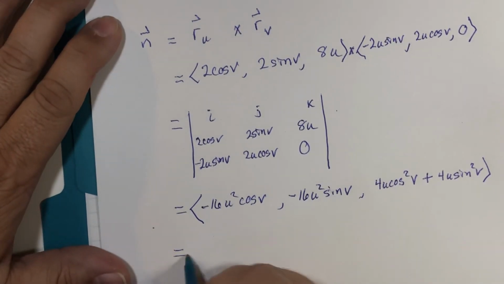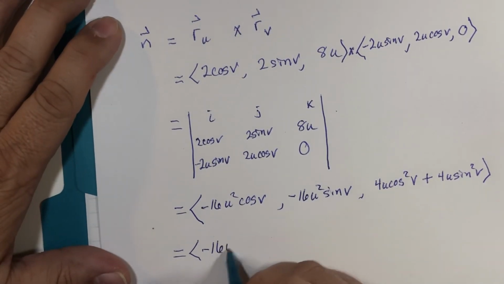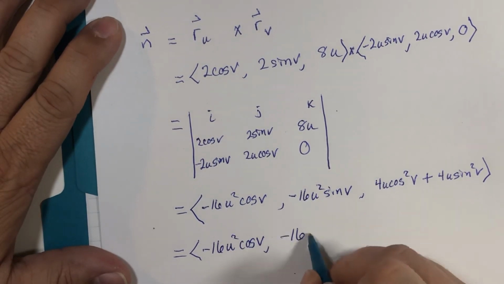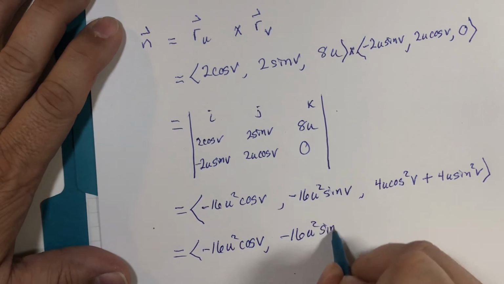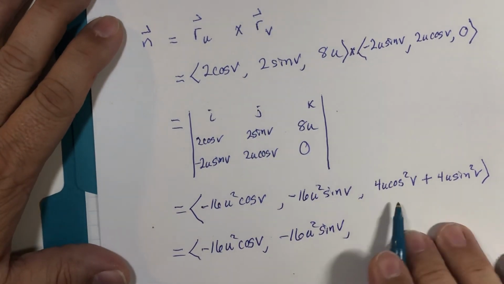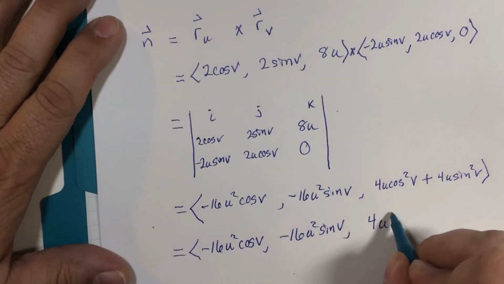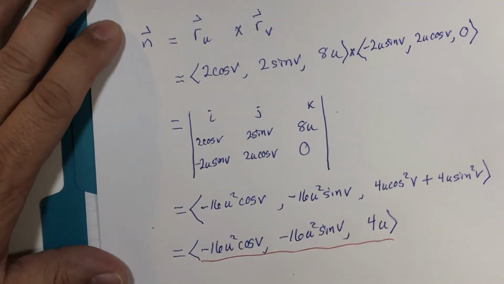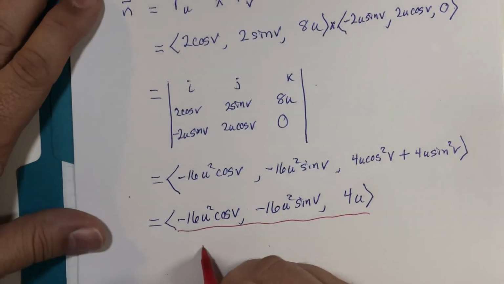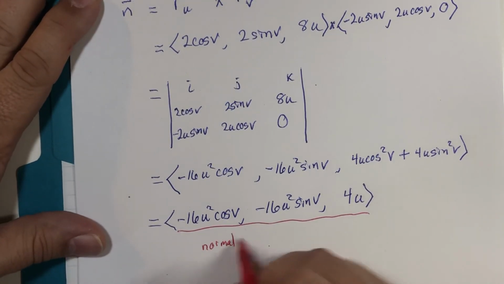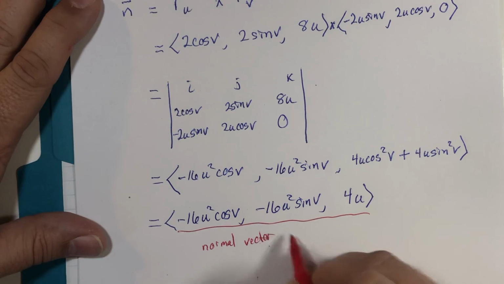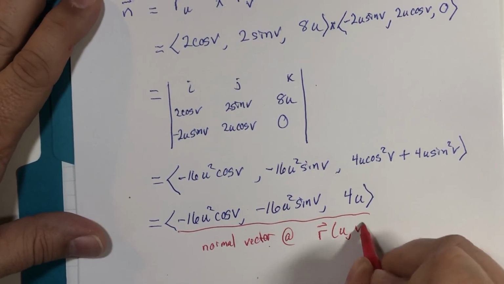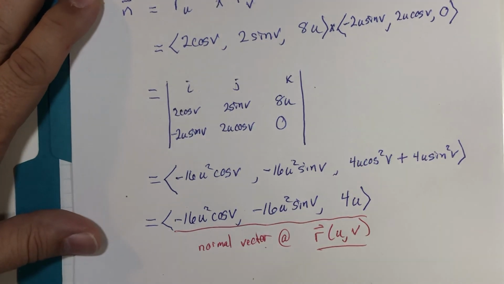And if you wish, that last term can be simplified to just 4u. Now, this will give you the normal vector at the place where you know a particular u and v value.